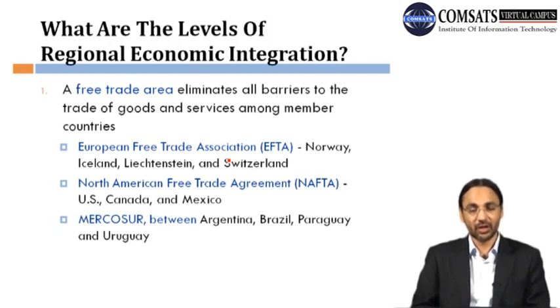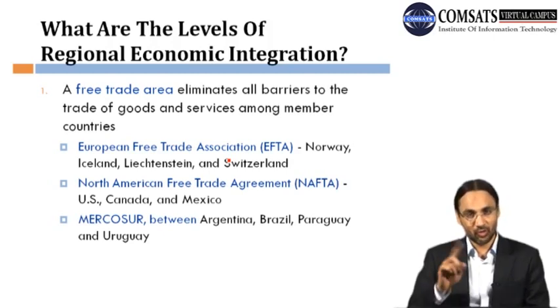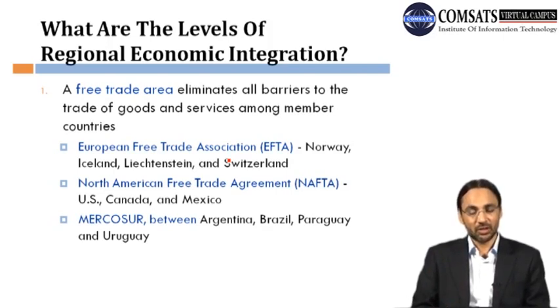The next one is the North American Free Trade Agreement, NAFTA, between the USA, Canada and Mexico, and Mercosur, between Argentina, Brazil, Paraguay and Uruguay. A free trade area means eliminating all barriers to the trade of goods and services among the countries. This is the basic intention, and this is one level of regional integration.